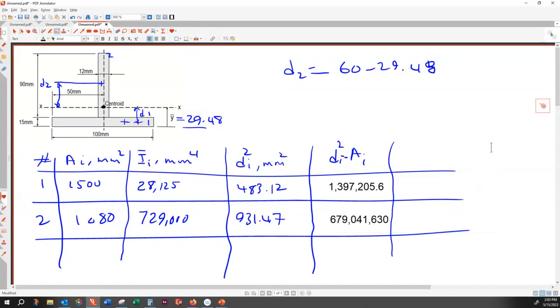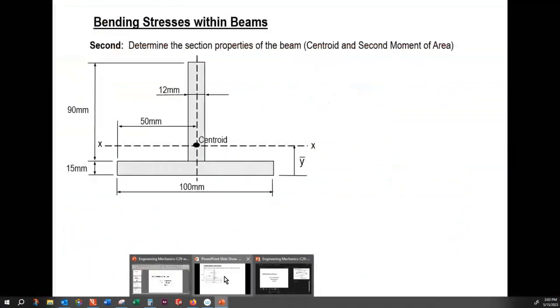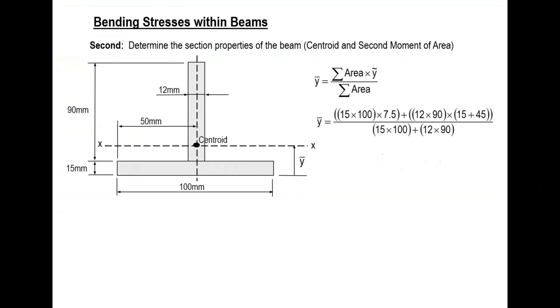All right, now to find out the total moment of inertia, we have to add all these values together, and that, according to the slide, the details are there.